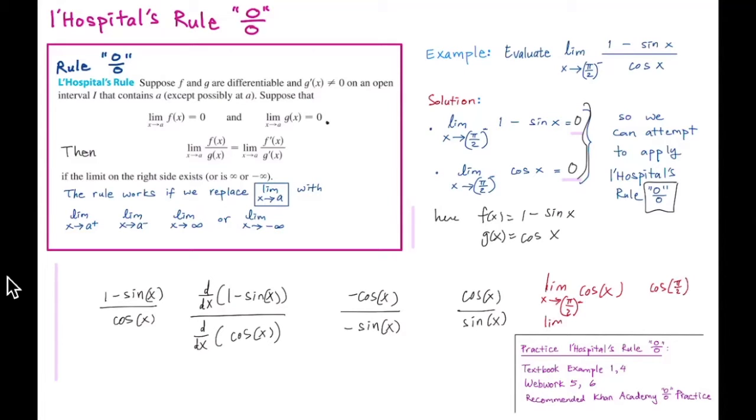And if I take the limit as x approaches pi over 2 from the left of sine of x, I would get sine of pi over 2, which is 1. So this last value is 0 over 1, which is 0.